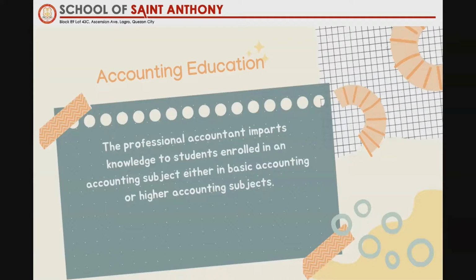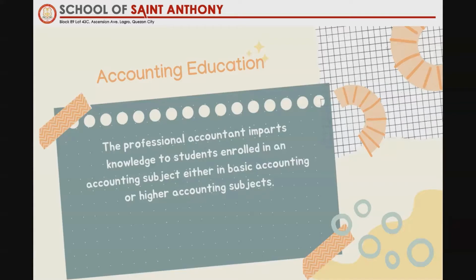What else? We have tax accounting, who's responsible for helping individuals who are generating income to not get in trouble with the BIR. We also have cost accounting, who's responsible for helping the management decide the price of the product. And now we have accounting education.